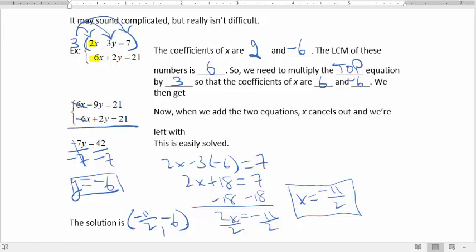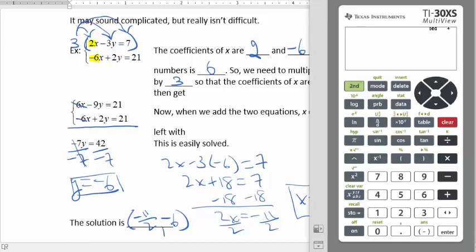And then you can do a quick check on that to make sure that it's going to work. And as I had mentioned, you generally want to do checks on the calculator because you don't want to make any calculation mistakes. So if you just retype the equation as is, inserting the values for the two variables, that's the top one, 2 times negative 11 over 2 minus 3 times negative 6, and that should equal 7, check.